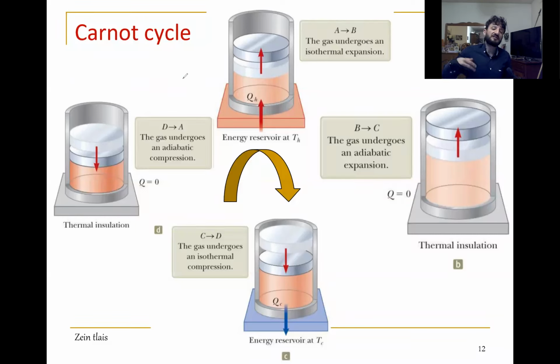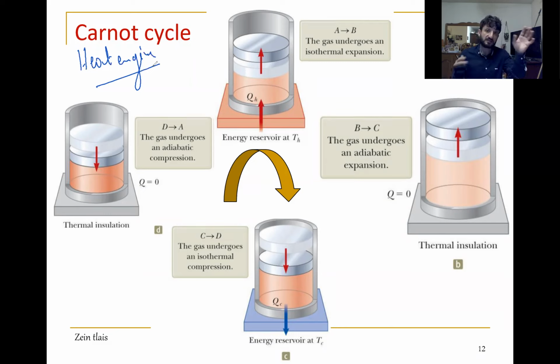Let me explain the Carnot cycle. In general, it's a closed cycle. We start at the point A. It's a heat engine, so we have two reservoirs, T hot and T cold.